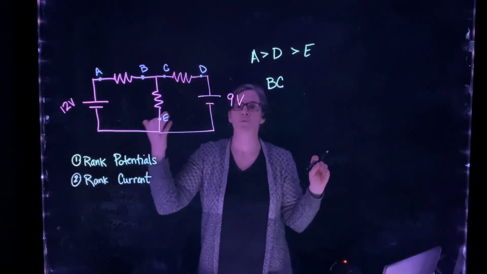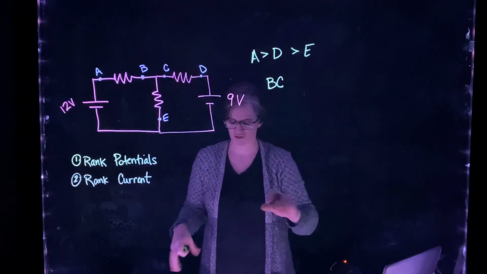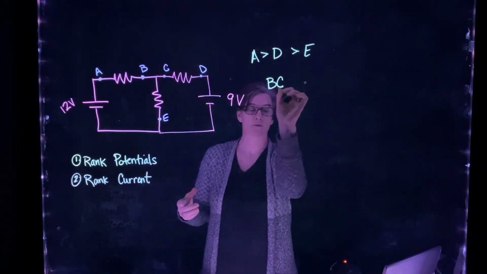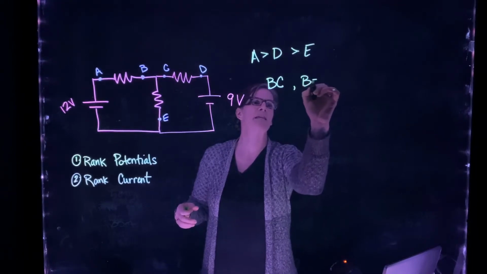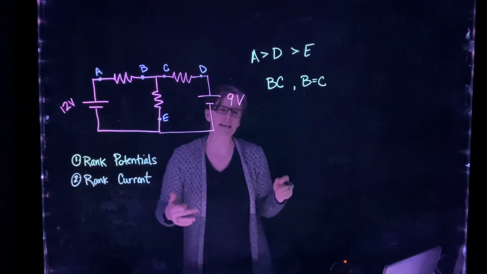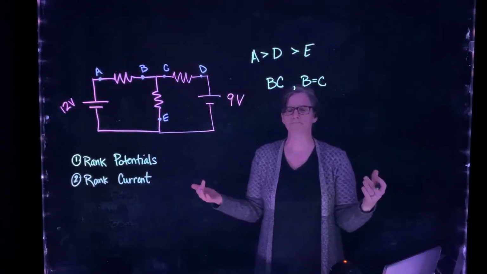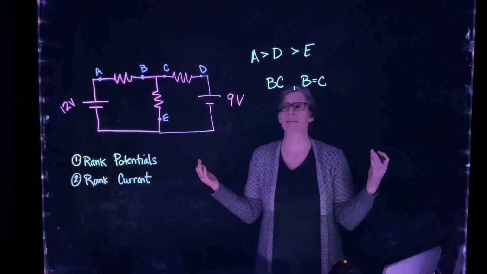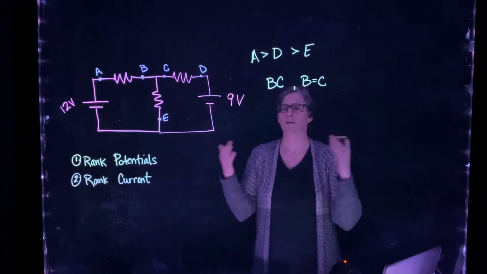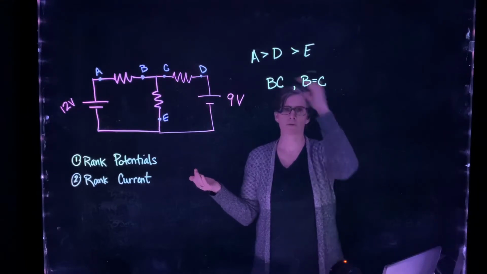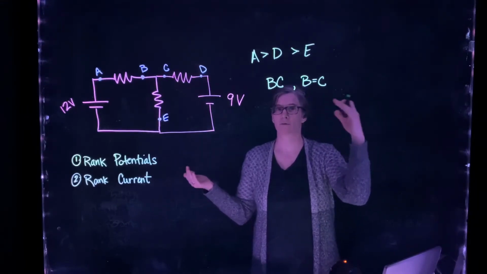And so they have to be at equal potential, and we can write that by those 2 letters being together, or we can say B equals C. So B and C have to be at the same potential. Well, this gives rise to 2 options for our ranking.